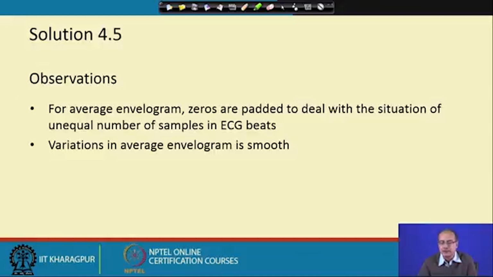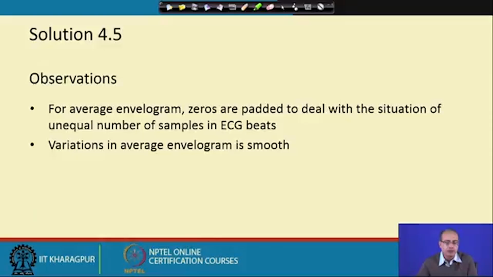The cycles are different in length, and to avoid the numerical problem in averaging cycles which are of unequal length, we add zeros at the end, what we call padding, and make them of equal length, and that makes it easy for us to take the average. Okay. So, that is the first part. In fact, that was one of the questions we were asked to answer.